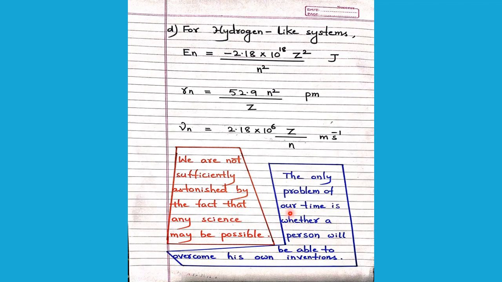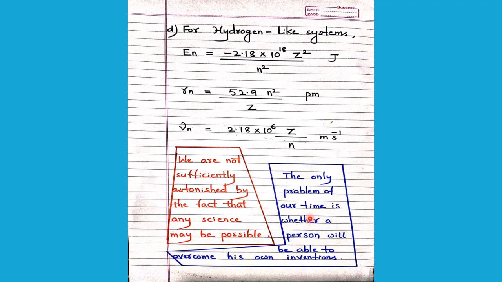Second is what? The only problem of our time is whether a person will be able to overcome his own inventions. This means, for a particular theory or observation, according to a particular person, it is correct. Whatever he can observe, whatever he can conclude, is correct according to him.